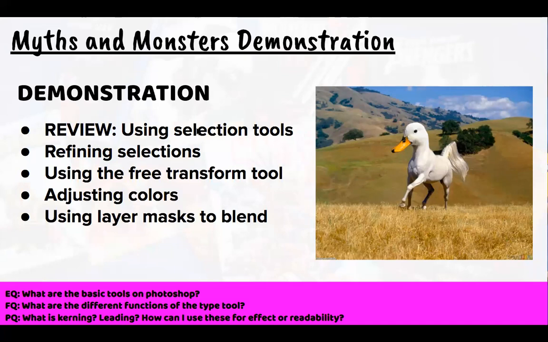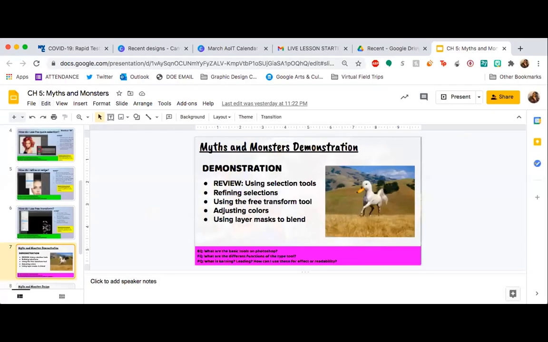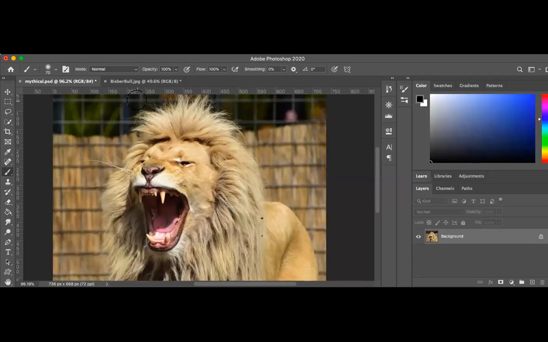I'm going to review selection tools with you, refining selections, using the free transform tool, adjusting colors, and making layer masks to blend. This is going to be recorded, so if you just watch along with me now. If you forget, you can always replay the clip and do it along with the clip.